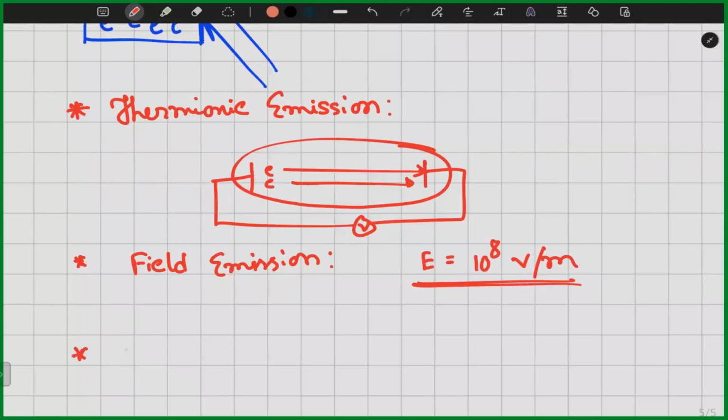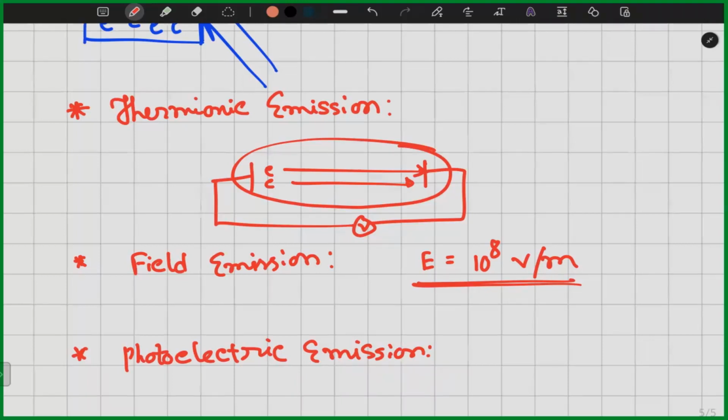And another one is photoelectric emission. What we discussed actually, if ultraviolet light is irradiated on the metal surface, then electrons are emitted from the metal surface and approach the other. We'll discuss in detail, but using that light, electrons escape from the metal surface, and that is called photoelectric emission.